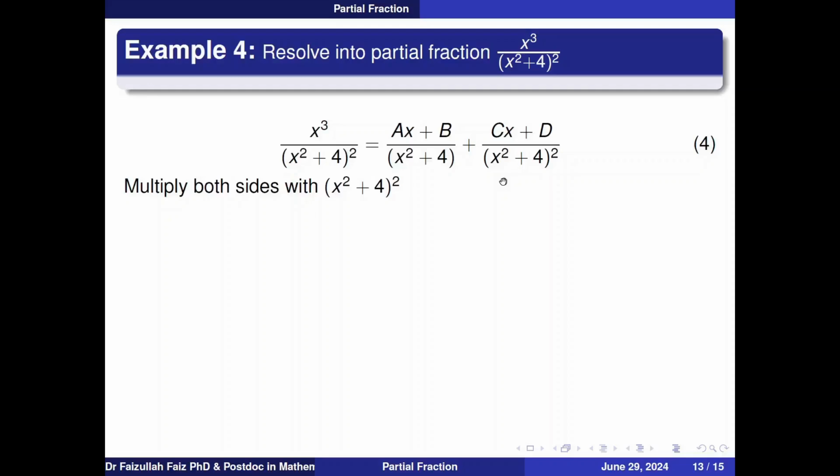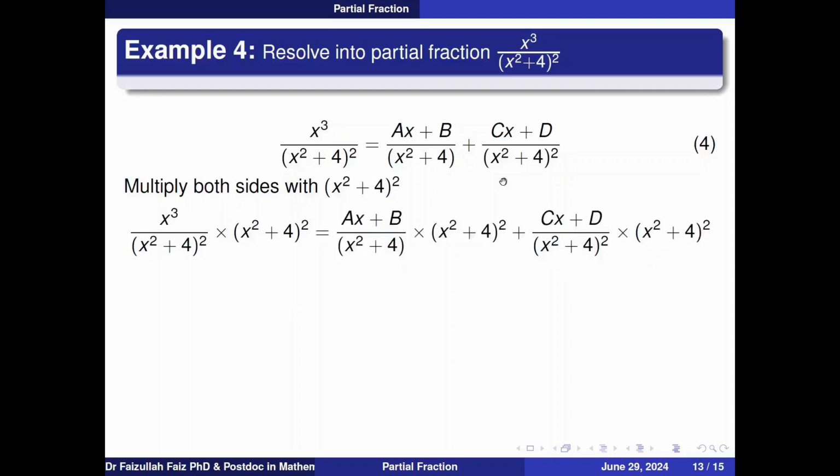First we multiply left hand side, then the first term and then the last term. From the left hand side, x square plus 4 whole square will cancel and we get only x cube. From the right hand side, in the first term, 1 x square plus 4 will cancel with 1 x square plus 4 and we get ax plus b into x plus 4.